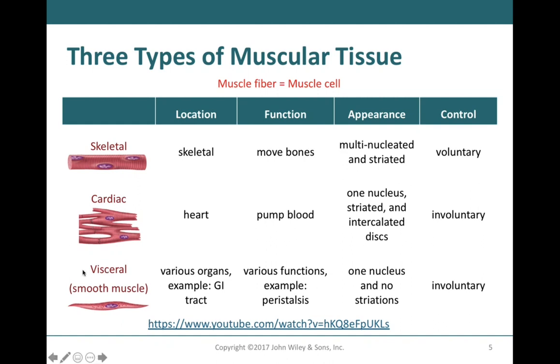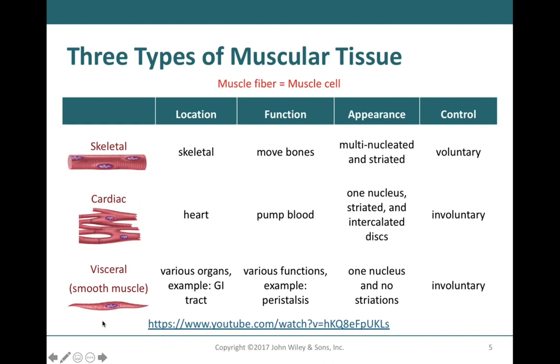Smooth muscle, on the other hand, is going to be the one type of muscle that does not have striations. So both skeletal muscle and cardiac muscle will have striations, smooth muscle will not. And that's based on the different arrangements inside of the smooth muscle cell. Smooth muscle will also have a single centrally located nucleus, and the ends of our smooth muscle cells will taper.